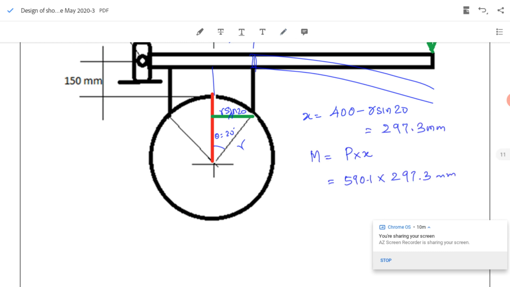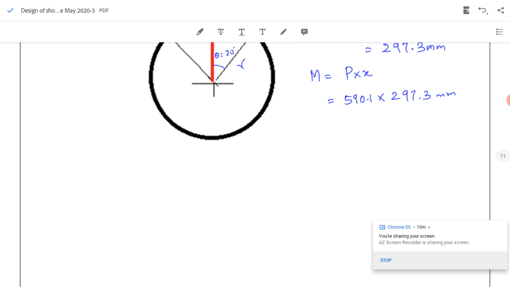Substituting the values, I will get moment equal to 175.46 into 10 power 3 Newton millimeter.